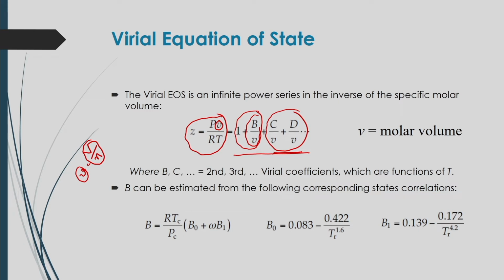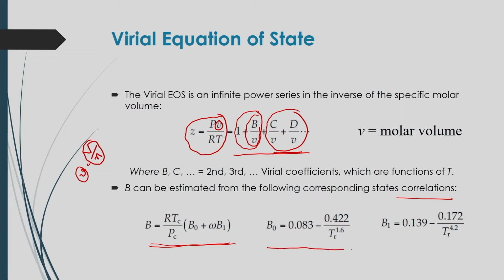Now in this case, B can be estimated from the following correlations given here. This coefficient basically depends on the critical temperature and critical pressure. So the B value can be expressed as B equal to RTc divided by Pc, times B0 plus omega times B1. Here B0 is a constant that also depends on the reduced temperature.